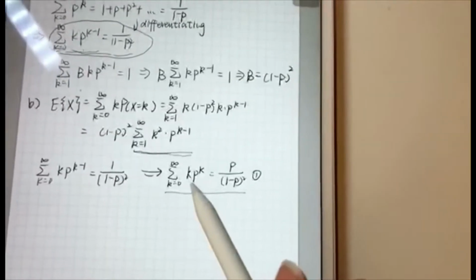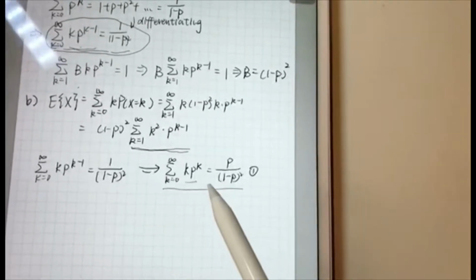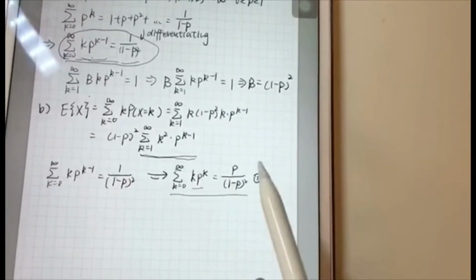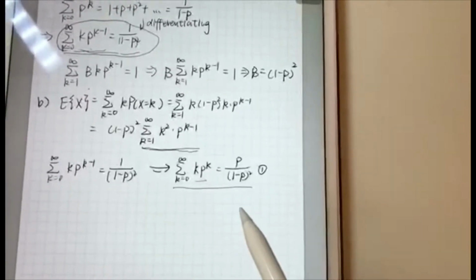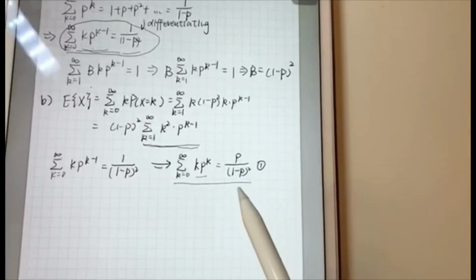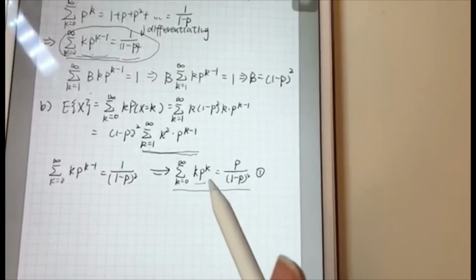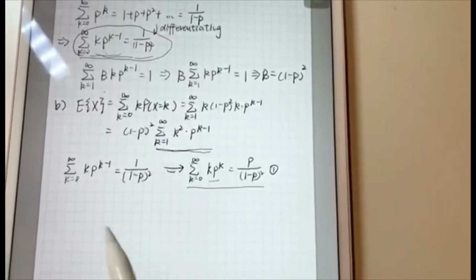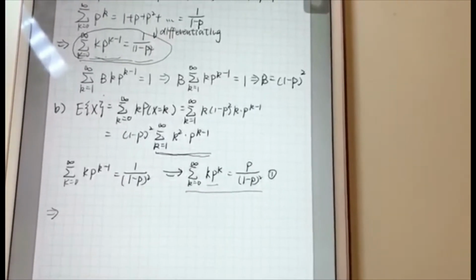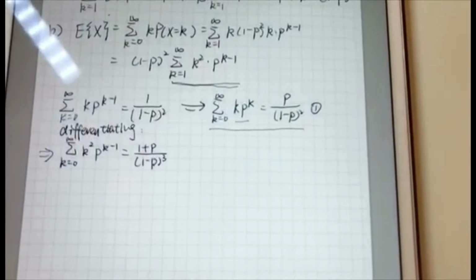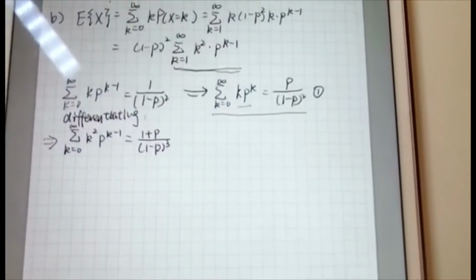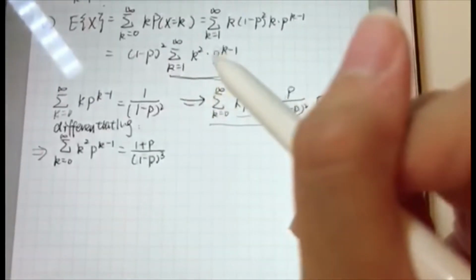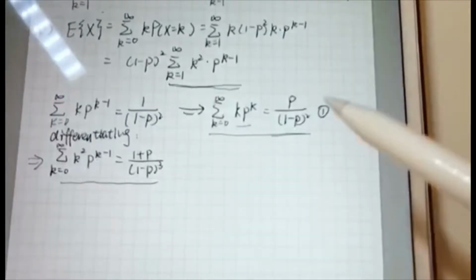But this is not the final answer we should find out. So we continue differentiating this equation on both sides, so we get the next equation. After differentiating equation 1, we get what we want, and that is k.